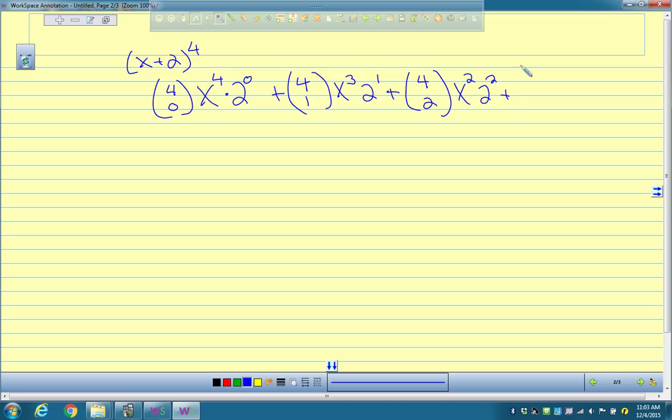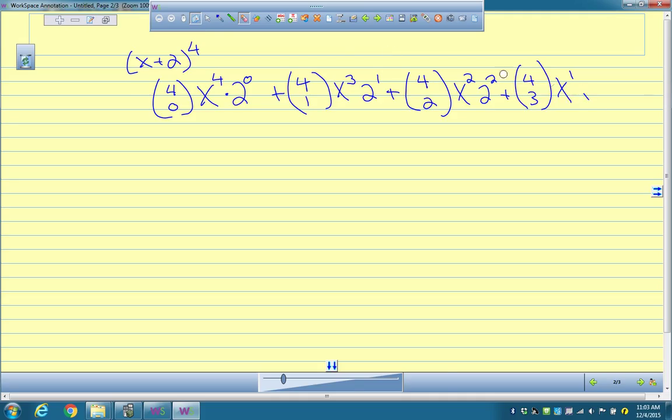Next term is 4 combination 3. X to the first, and 2 to the third.